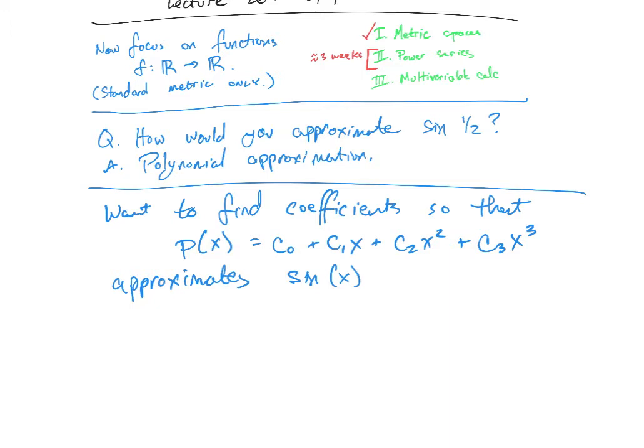I guess a suggestion for like finding the coefficients. I guess at this point, do we have derivatives? Yes. Okay, so I should say this. Because we're focusing on functions from the reals to the reals, we have everything we learned last semester now. Okay. So we have derivatives and we have integrals. Okay.